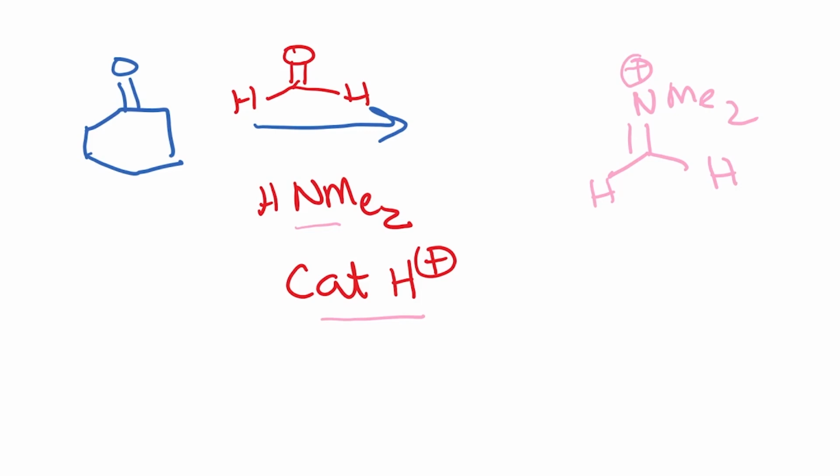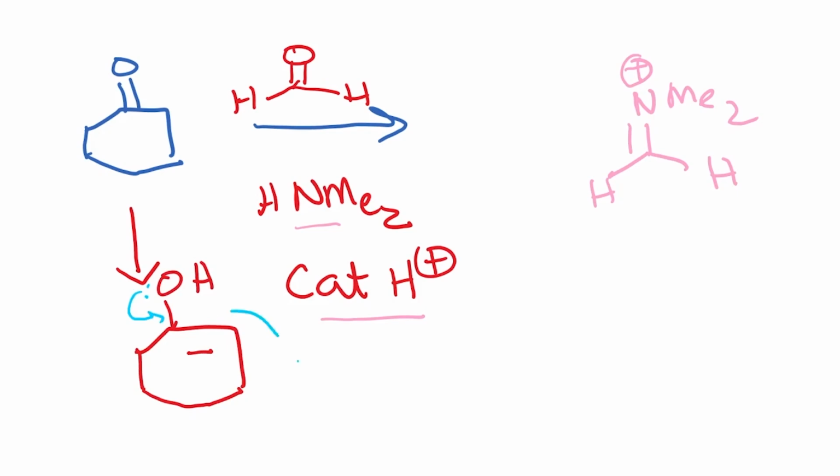Now this iminium is the active electrophile that is produced, and under acidic conditions, you can also imagine that the cyclohexanone will form the enol as shown here, and now the enol is the reactive partner in the proposed aldol reaction.